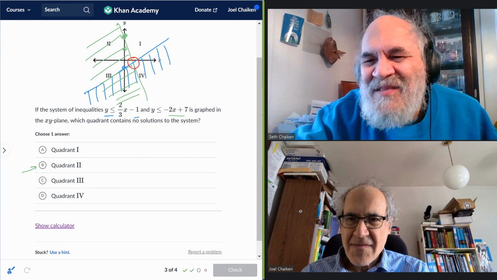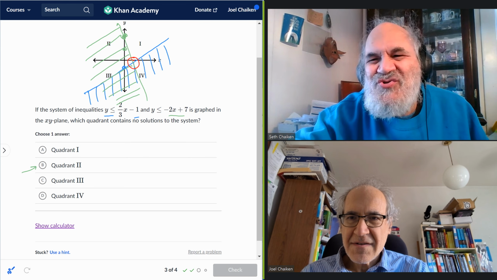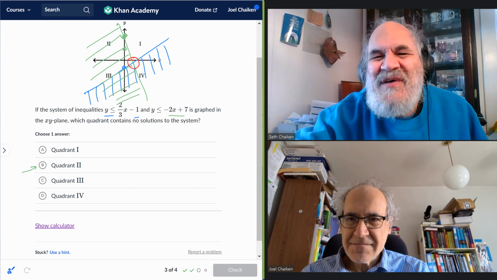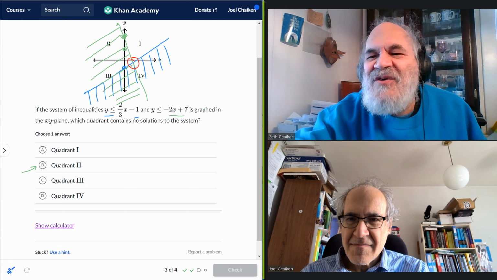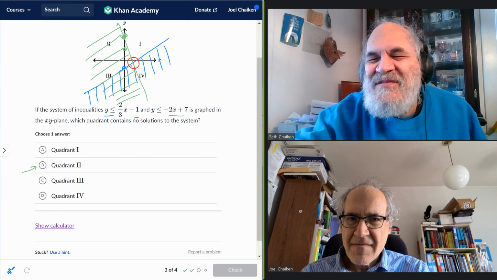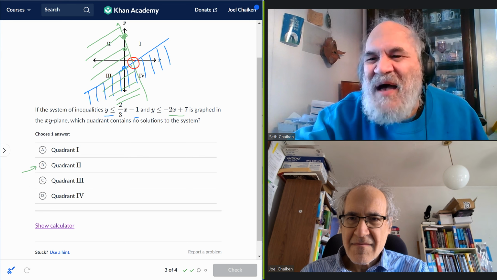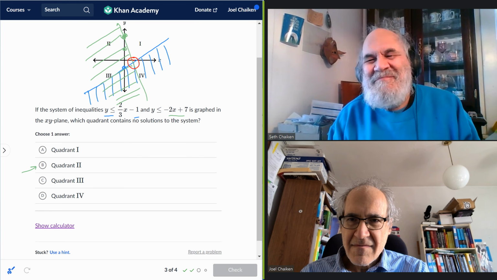However, this is an SAT question, and the approximations you made were good enough to demonstrate that region 2 has no solutions. You could add a new piece of information that's not present in real problems but is present in SAT problems: there's only one answer.